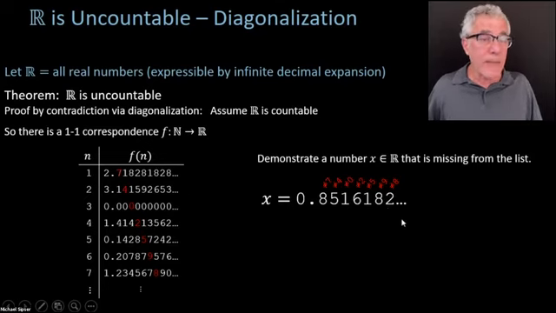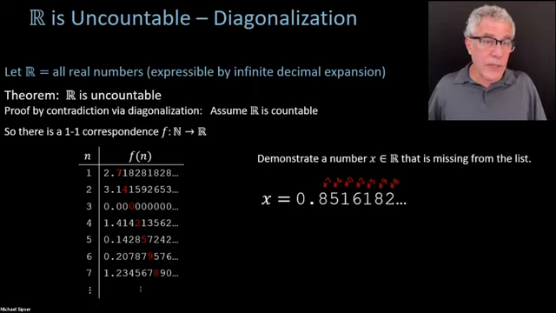No, obviously there are many, many numbers that are missing. If you put this one on the list, I'm going to construct another number that was missing. So there's just no possibility of fixing this. And in fact, the real numbers are uncountable, cannot be matched up with the natural numbers, and it doesn't even come close.